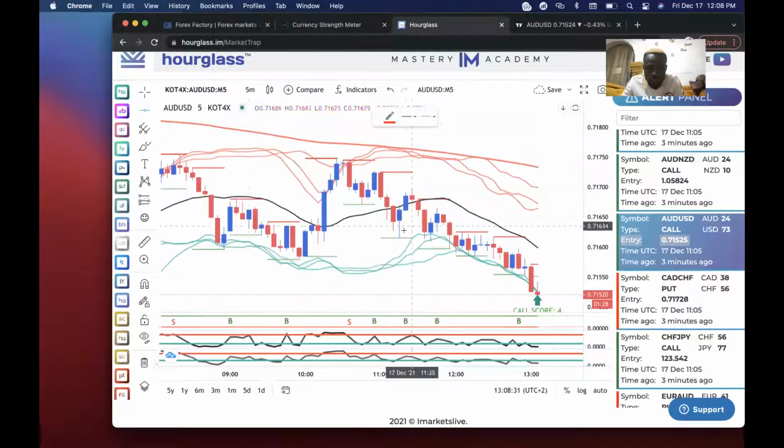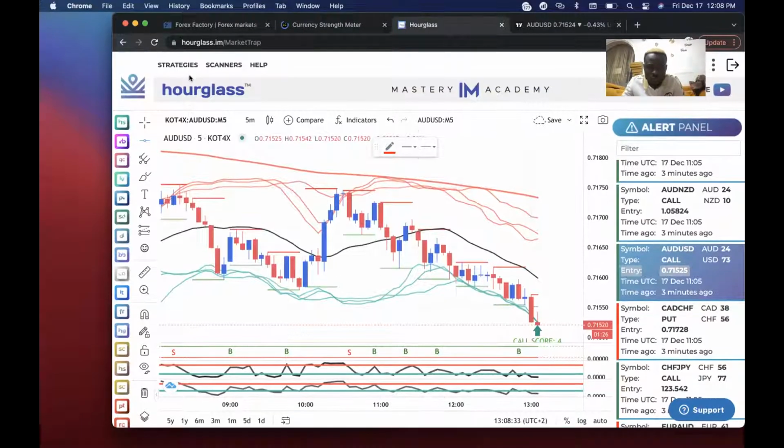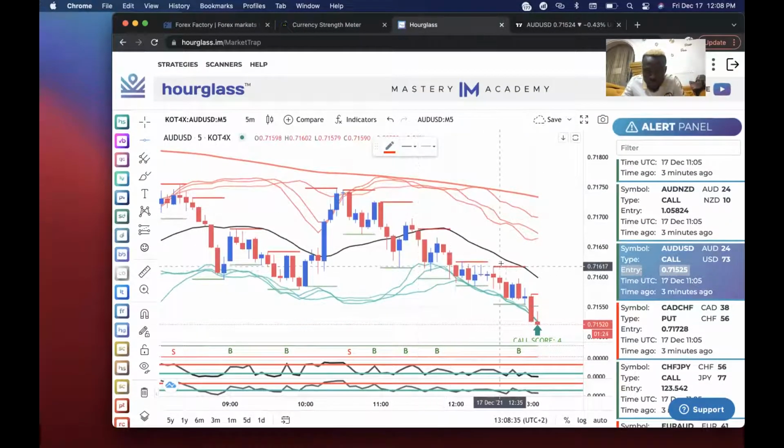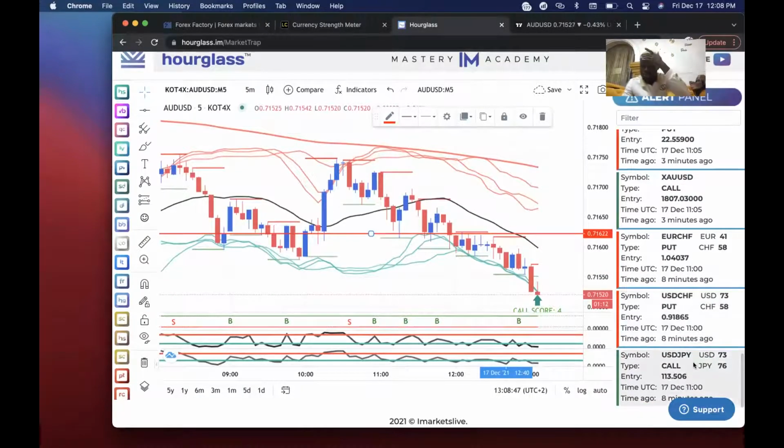AUD/USD, area of support 622. Okay. I'm going to discard USD/JPY because of the flip in currency strength. If you check your hourglass, you see USD/JPY is now 73.76. So that means 73, 74, 76.